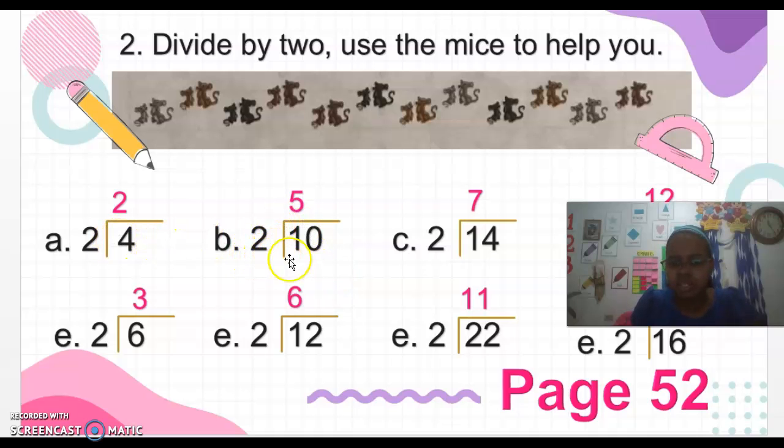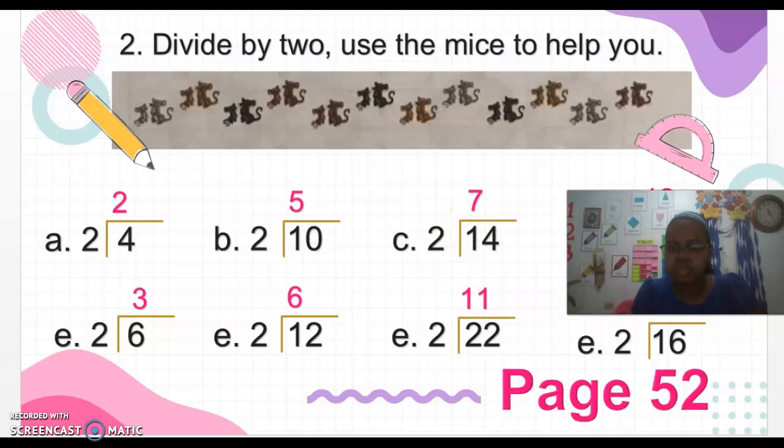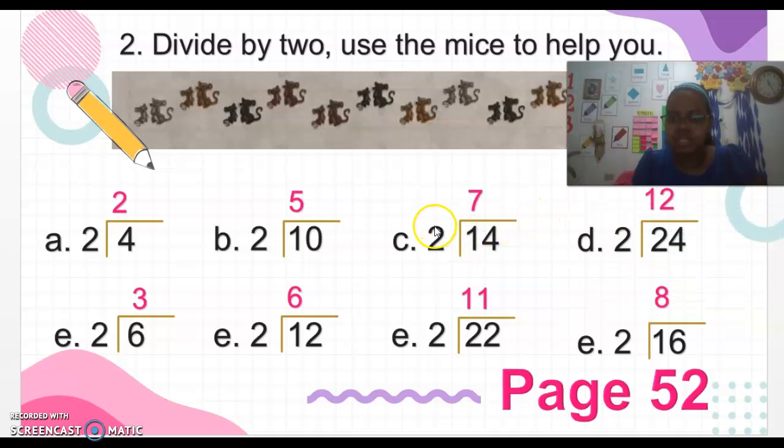One number that if I multiply it by 2 is going to give me 10 as a result is the number 5. One number that if I multiply by 2 I'm going to get 14 as a result is the number 7.